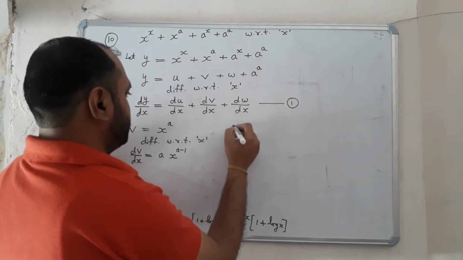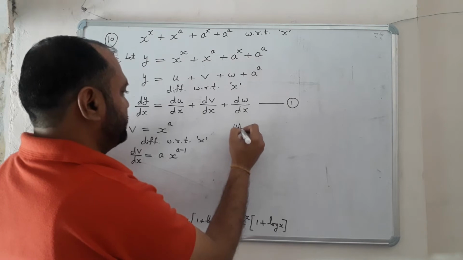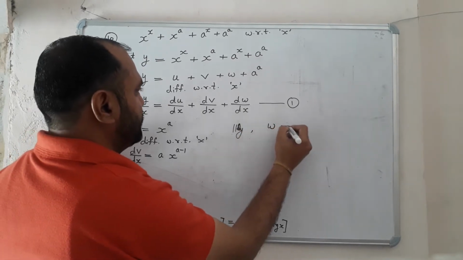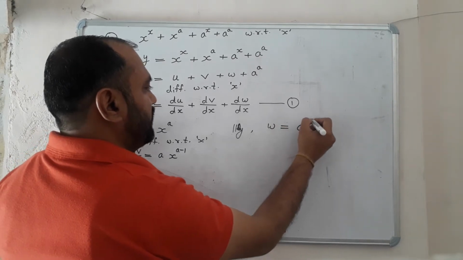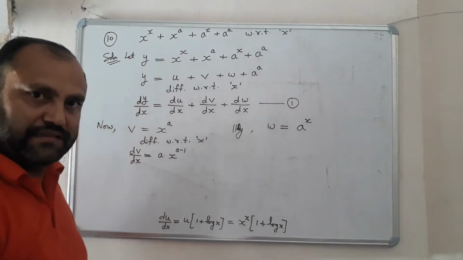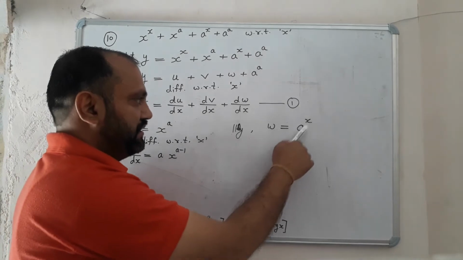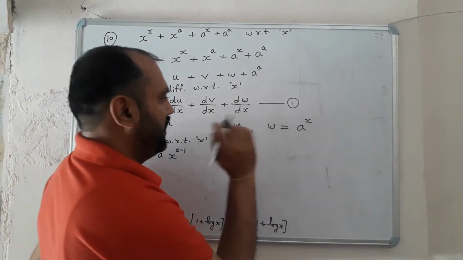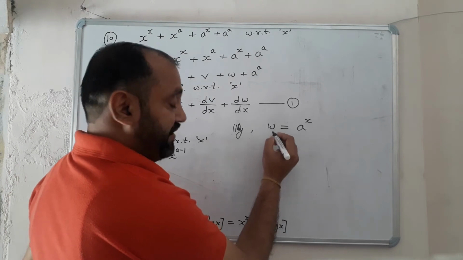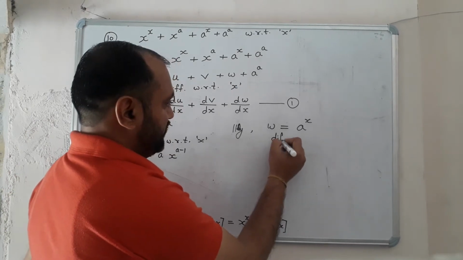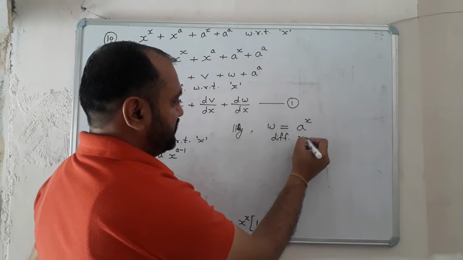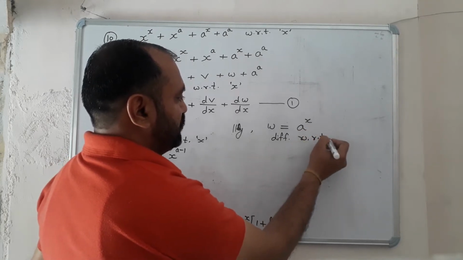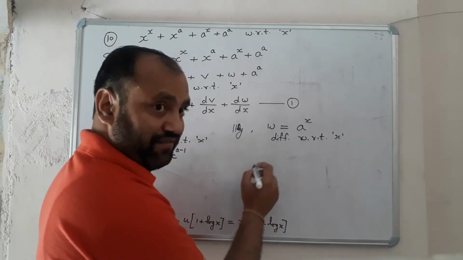Similarly, w is equal to a raised to the power x. Right? So as you know, this is a direct formula. When you differentiate both sides with respect to x, what will we get?